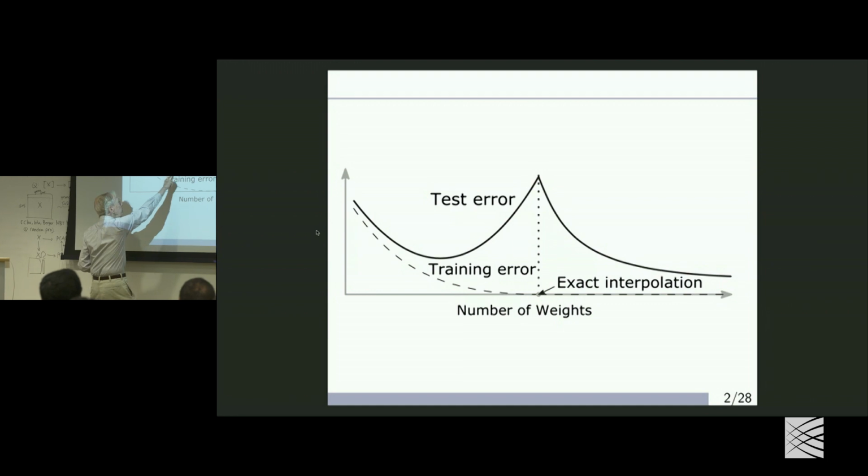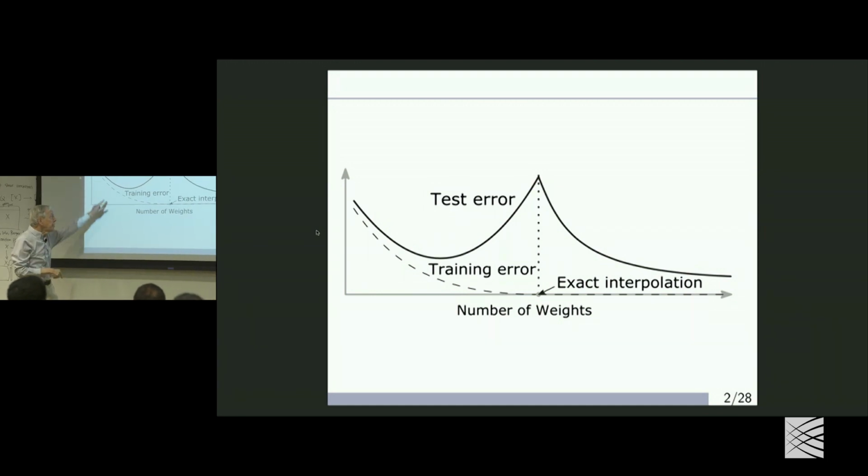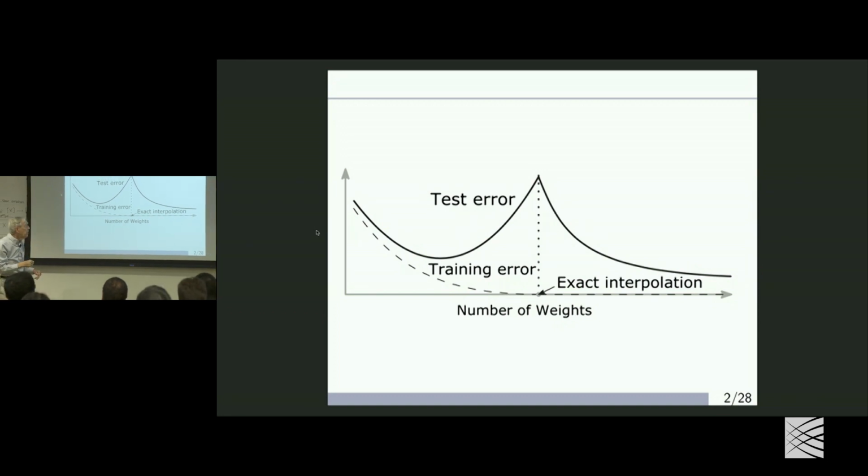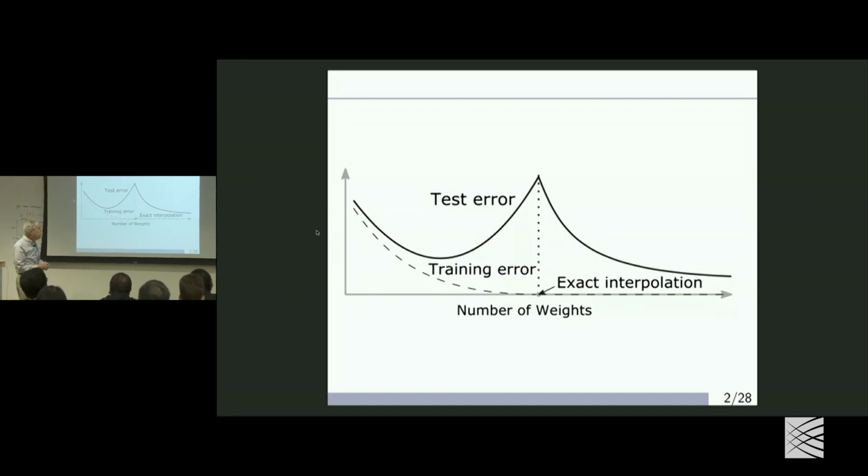This would be the usual picture: the training error goes down as you have more parameters, in least squares, say, but the error in fitting new, unseen data has a good point, but then goes up again. That's the standard picture in statistics.